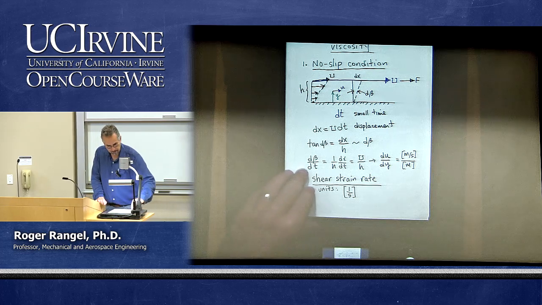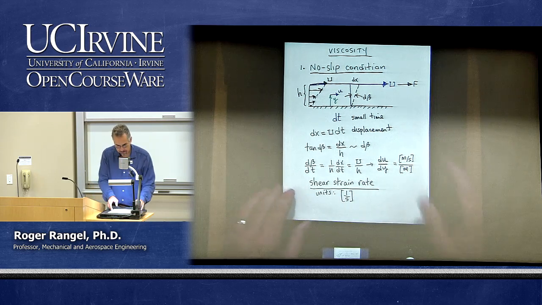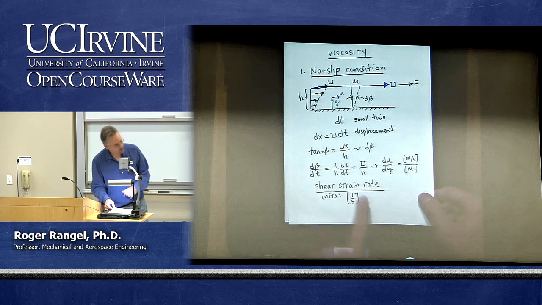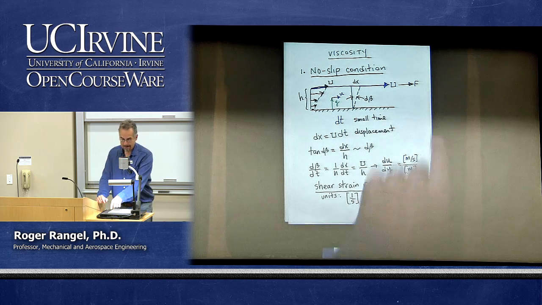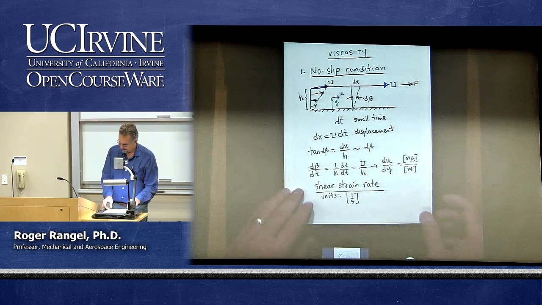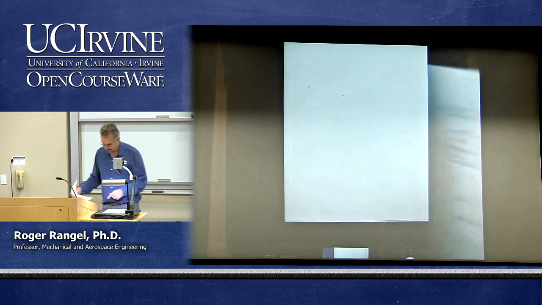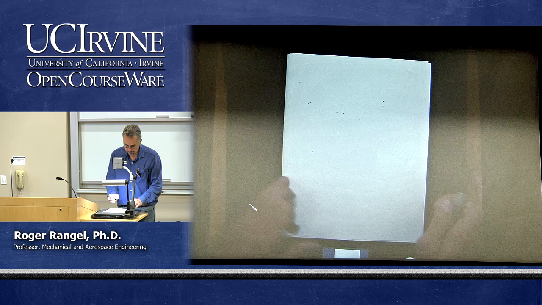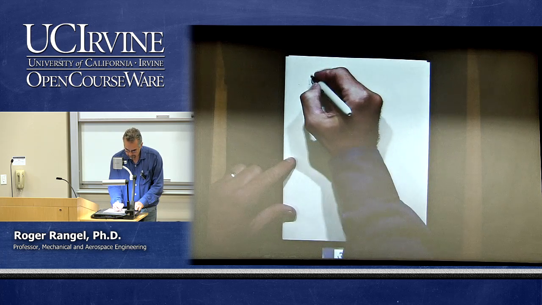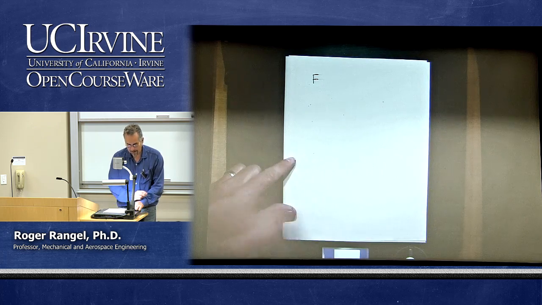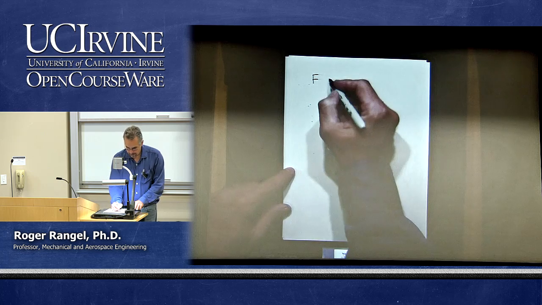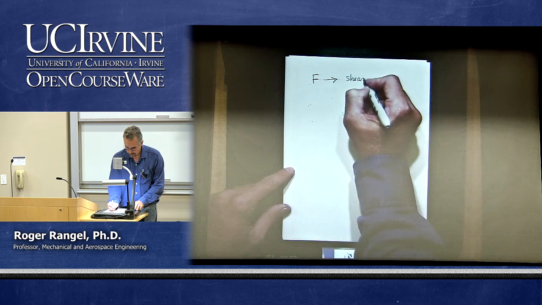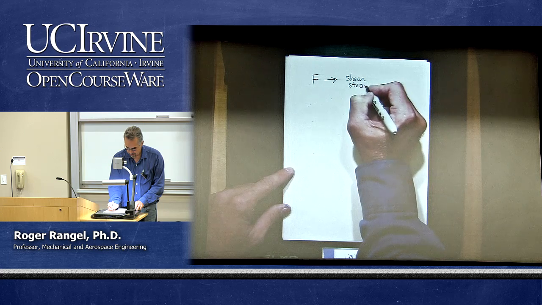now what we want to do next is make a connection between this shear strain rate and the force that is causing that shear strain rate. So I know that the force that I applied at the top plate is what resulted in that shear strain rate.